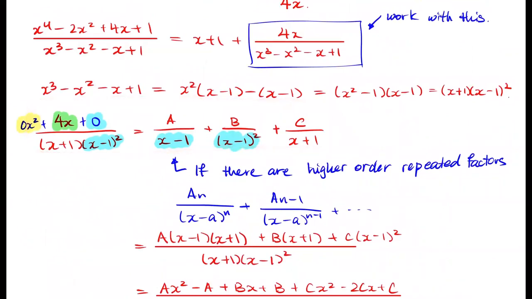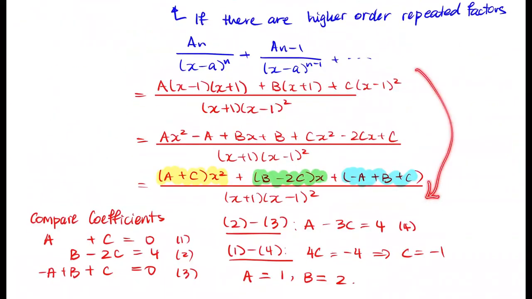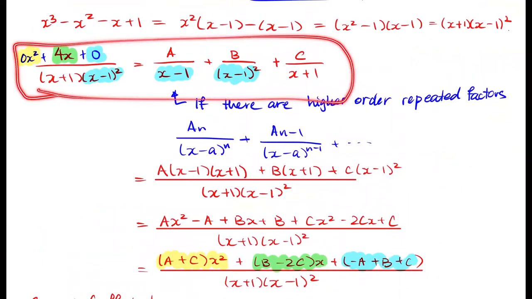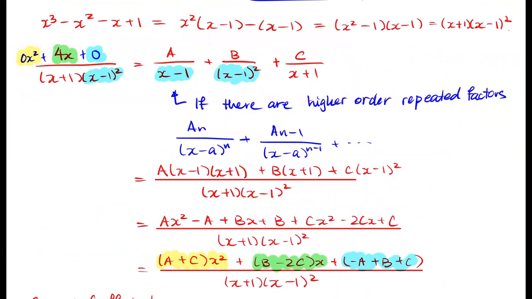Determining the coefficients would be the same, and comparing coefficients is going to be the same as well. So it's just building this part over here that's probably going to be most tricky, so just be a little bit careful of that.